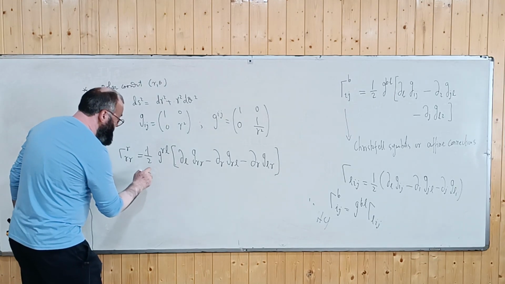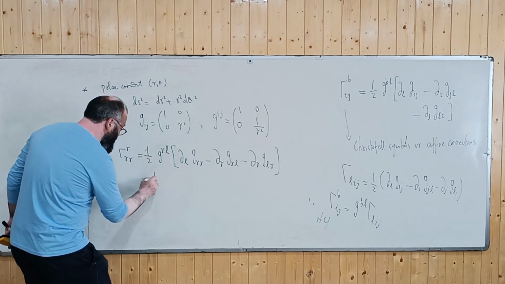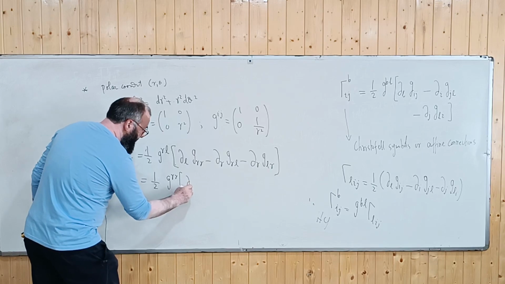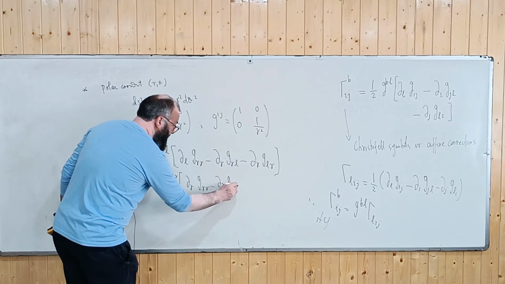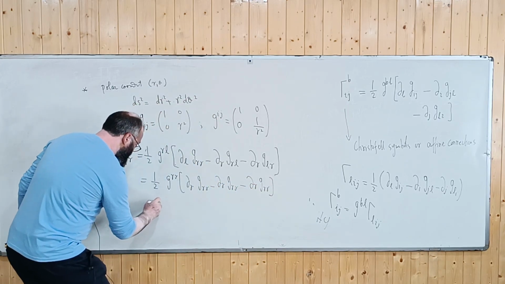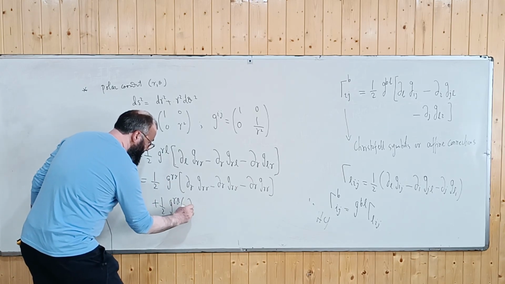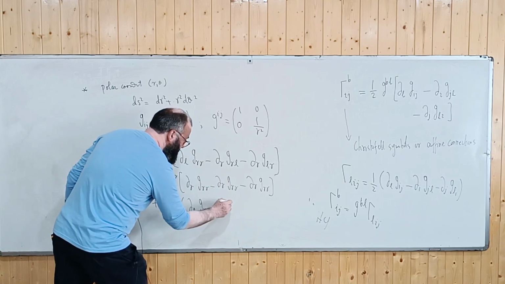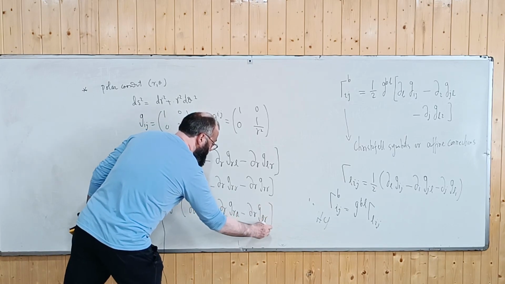What values does l take? r and theta, only 2 values. So it's 1 by 2 g rr times partial r g rr minus partial r g rr minus partial r g rr, plus another term, half g r theta, where l takes the value theta: partial theta g rr minus partial r g r theta minus partial r g theta r. Clear?